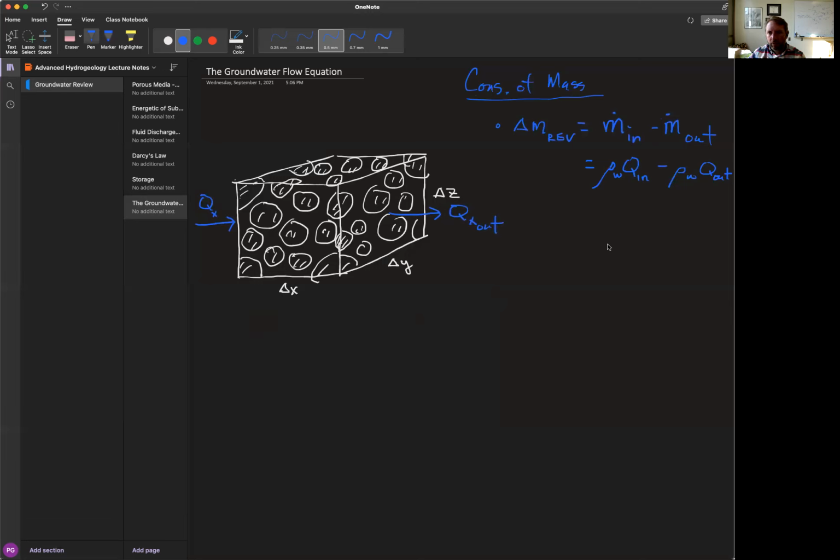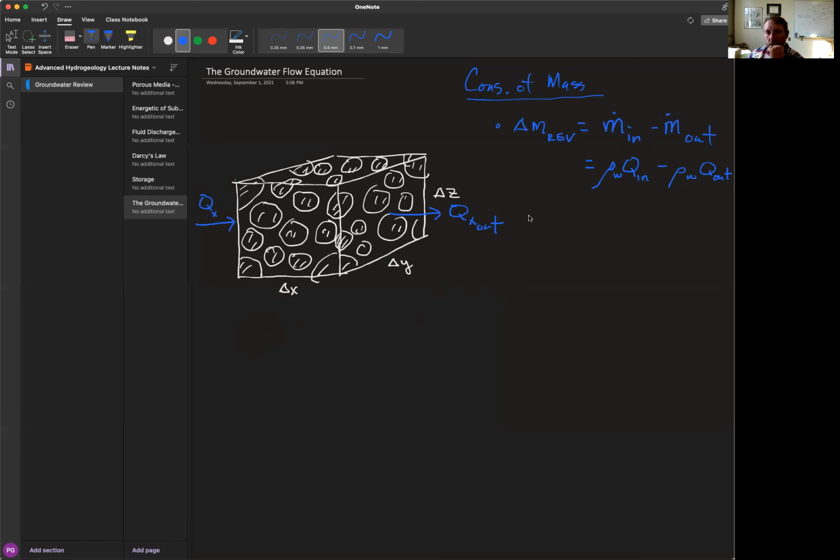The next move is to say, well, okay, the discharge in minus the discharge out multiplied by the density. Now, in order to calculate or know the discharge in or discharge out, I have to know the area across which it's occurring, or I could just normalize by that area.